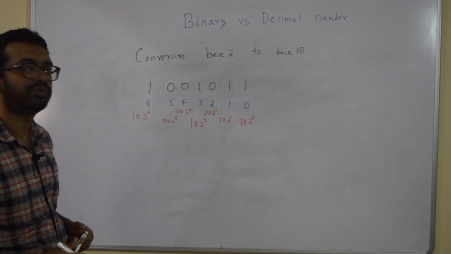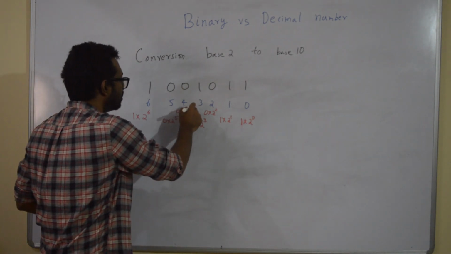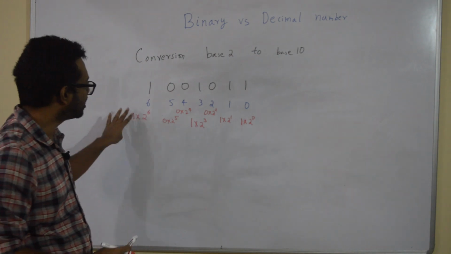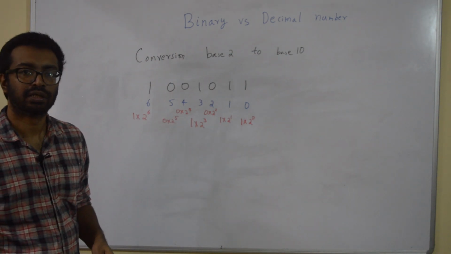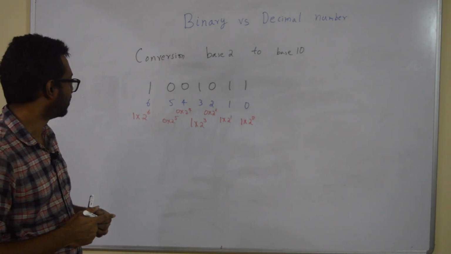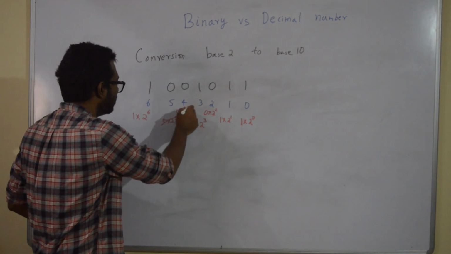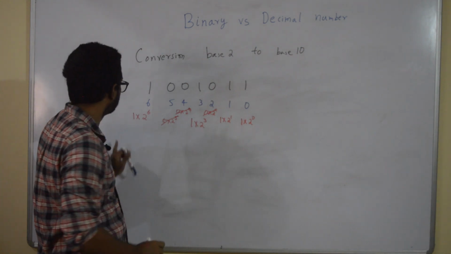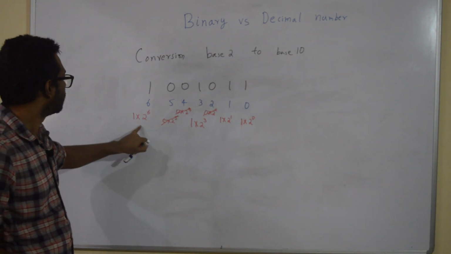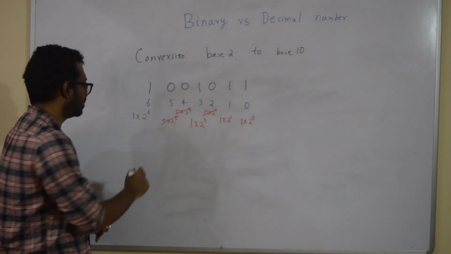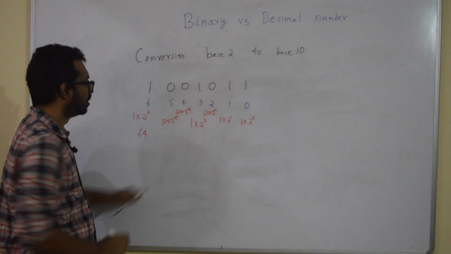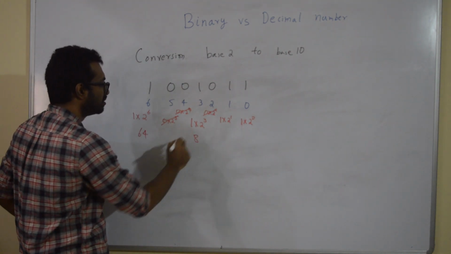Now the decimal number is basically the sum of all of these. Any multiplication with 0 is 0, so I can just remove them. What are the rest of the numbers? What is 1 into 2 raised to 6? That's 64. This is 8.